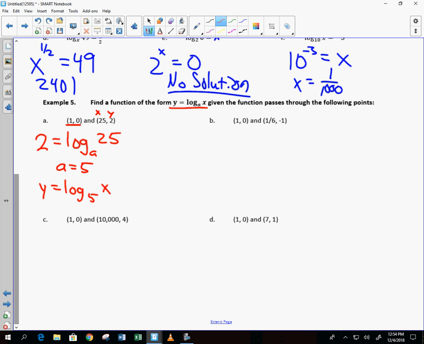Next one, this is x, this is y. -1 equals log base a of 1/6. What number did you raise to the -1 power to get a 6th? 6. So y equals log base 6 of x.